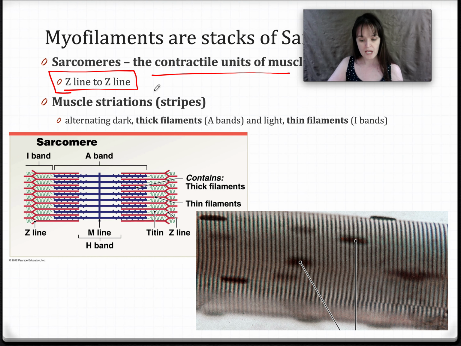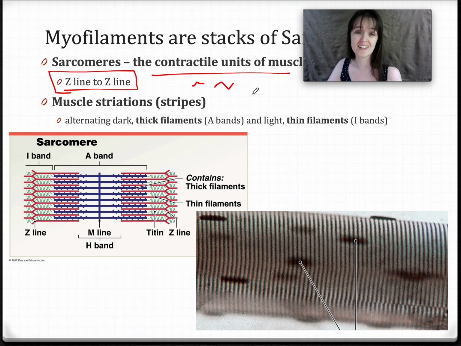Each myofibril is made of 10,000 sarcomeres-ish. The little squiggle there is the math symbol for about, or historians would say circa, which means about. Math people say squiggle, kind of like a tilde, and it means ish.